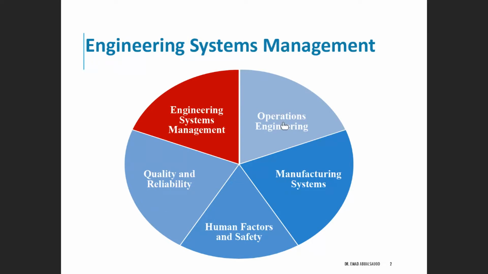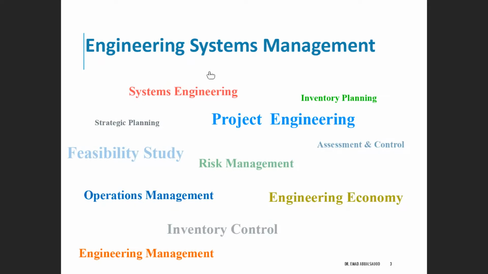So industrial systems engineering is not just about management. As you can see, management is a branch under the area of engineering system management. Systems engineering is not about the leadership and the soft skills that you can learn in management.